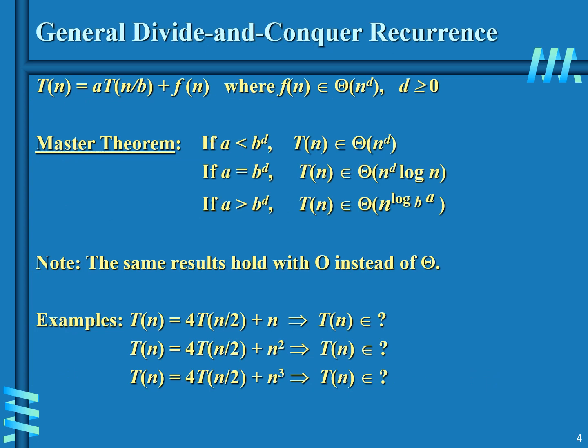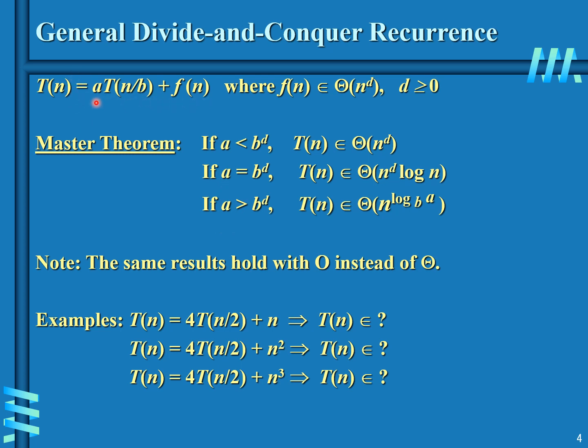Before getting into that problem, I told you the subproblems are solved by writing a recursive routine. To analyze the efficiency of those problems, we have to frame a recurrence equation. Then we are supposed to solve the recurrence equation. The general divide and conquer recurrence is of the form a into T of n by b plus f of n.